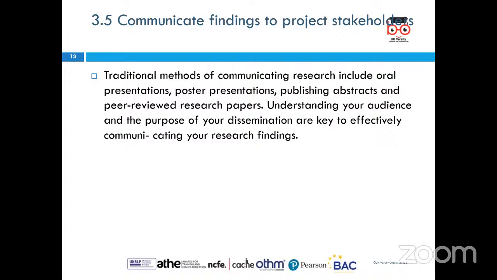So traditional methods of communicating research will include oral presentation, poster presentation, publishing abstracts and peer reviewing research papers. Also understanding our audience and the purpose of dissemination are going to be the key to effectively communicating our research findings.